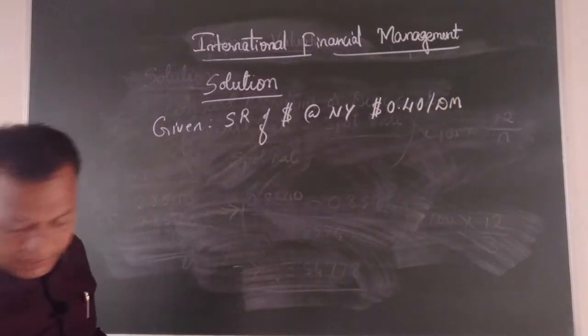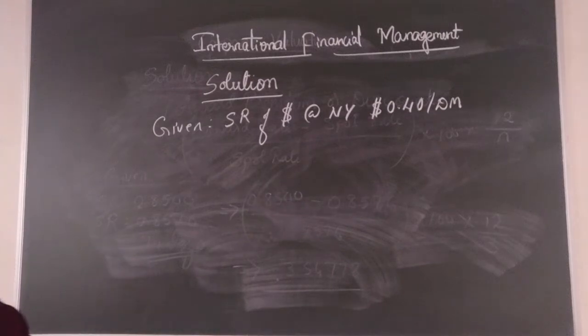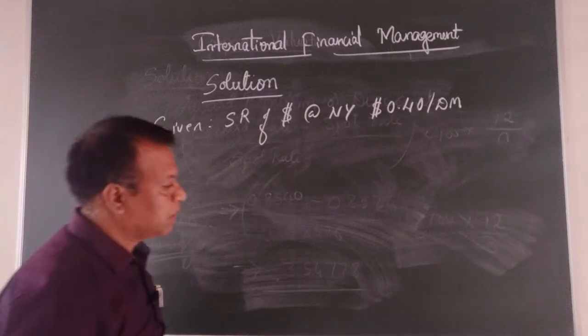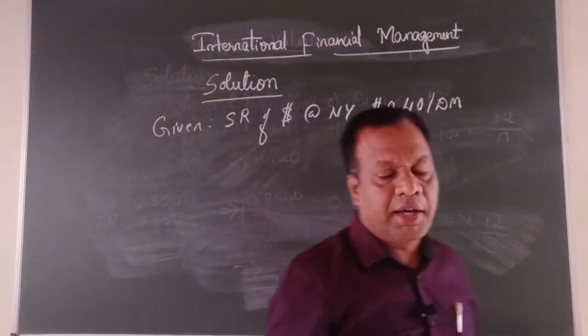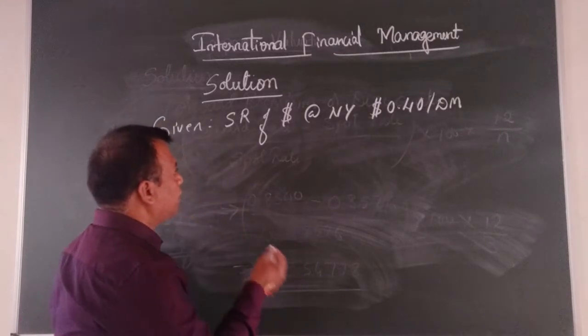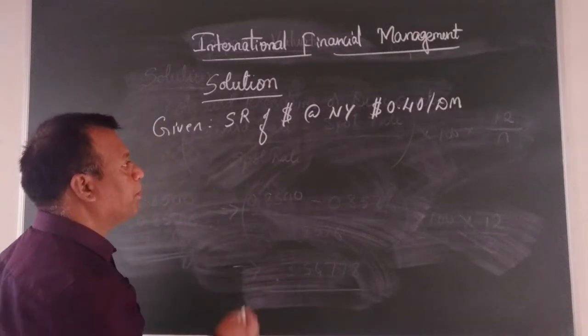Now what are they asking? They're asking us to find out what you expect the price of US dollar in Germany. In Germany, what is the rate of US dollar? To find out the rate of US dollar in Germany, we have to take the reciprocal of 0.40.